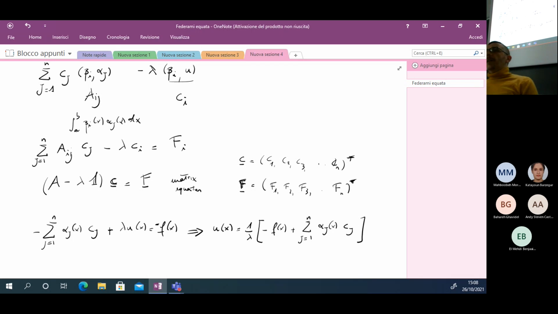The alpha j of x is something that I know because it's given by the kernel of the problem. So this tells me that if I'm able to find c j, then I'm able to find the solution of the problem. Because if I have c j, f of x is given, alpha j is given, lambda also, well, lambda we have to discuss, then I'm able to write the solution u of x of the Fredholm equation.